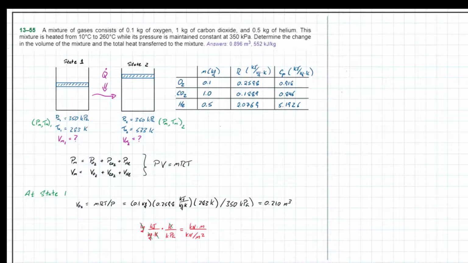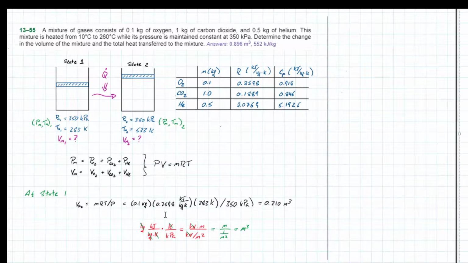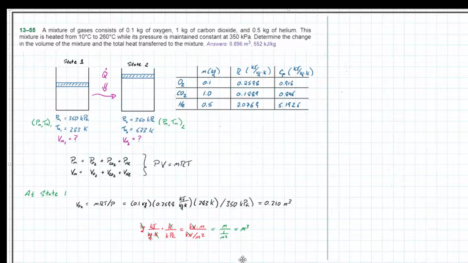So the kilonewtons cancel, and I end up with meter times 1 over meter squared, which gives me cubic meters. So clearly our units work out. It's a good thing to verify, but I'm just going to erase those so that we can keep the solution notes easier to see.